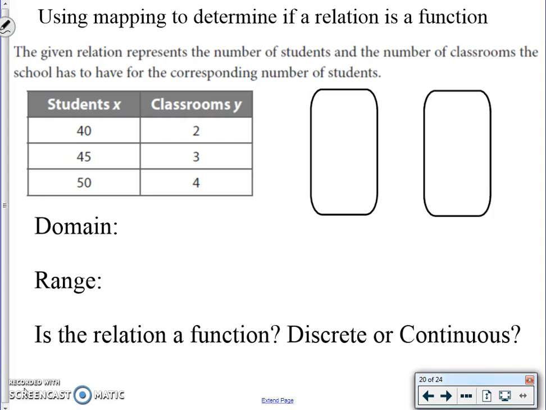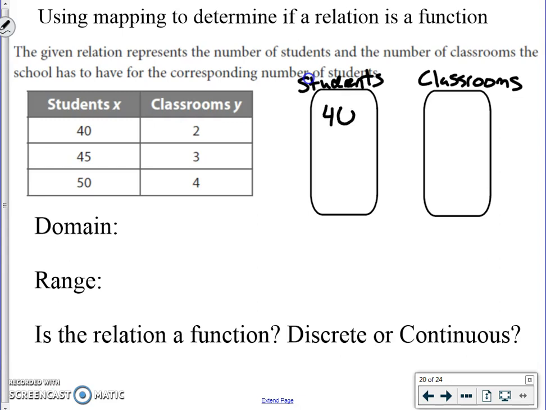Here we're going to list our students, and we're going to list our classrooms. We're going to list our students as our domain, as our x values. We're not going to repeat any of our values, though. If we see a repeating value in the data table, we won't put it over in our mapping.